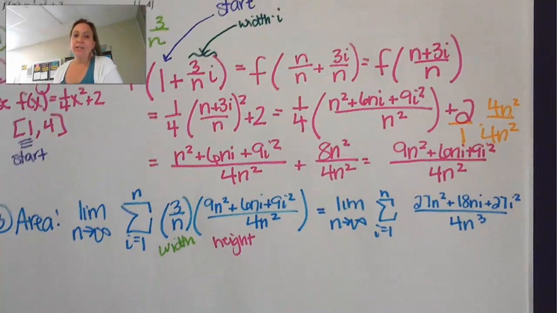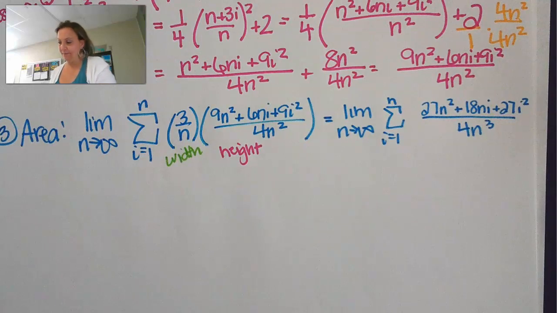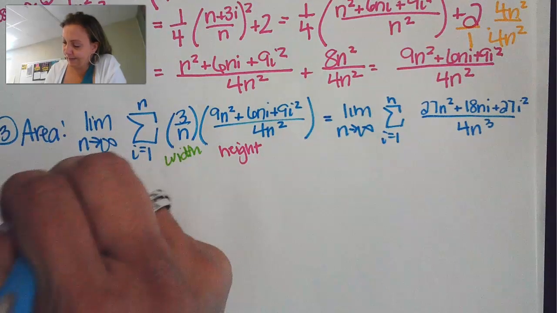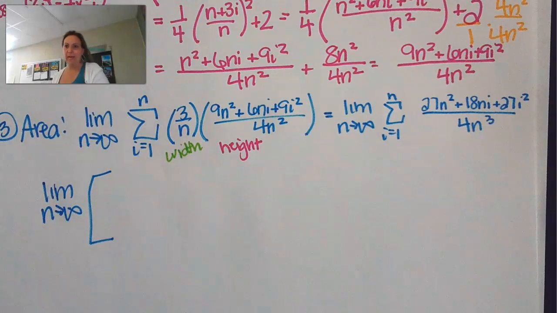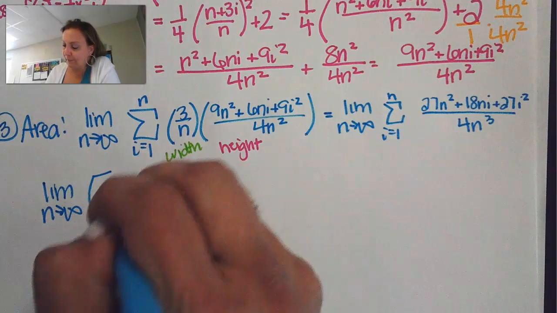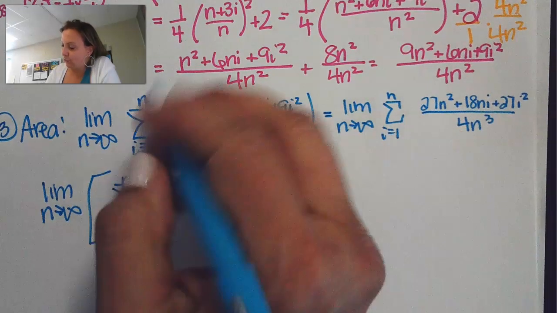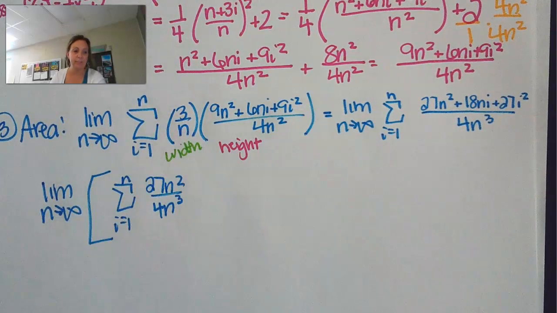Now we know we want to try to use the properties of limits to break this down a little bit. So I'm going to take this limit out, and then I'm going to deal with all of these sums separately. Okay, so first of all, I'm going to deal with the sum of this 27n squared over 4n cubed from 1 to n.